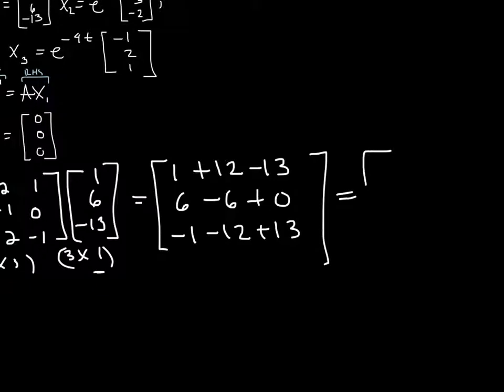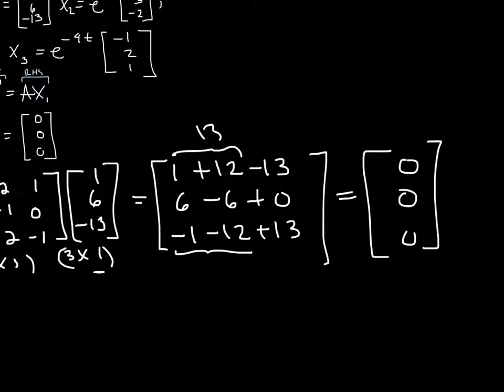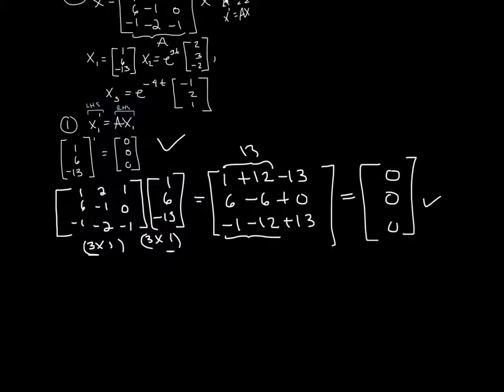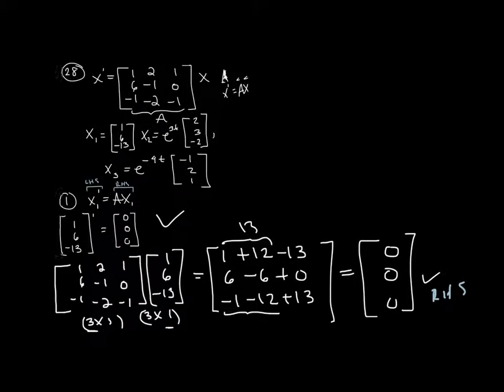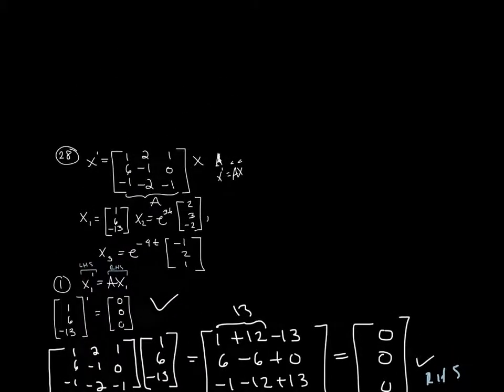And well, this is obviously 13 minus 13, 0, and negative 13 plus 13 is 0. So we get the 0 matrix. Therefore, our left-hand side does equal our right-hand side. And so there's 3 solutions, so you have to check the second and the third one.